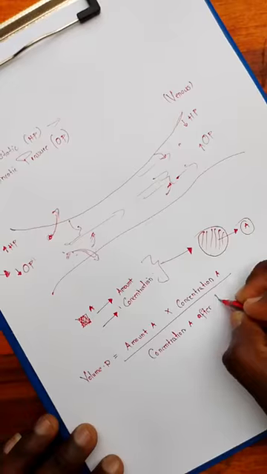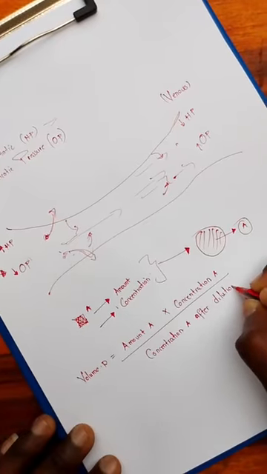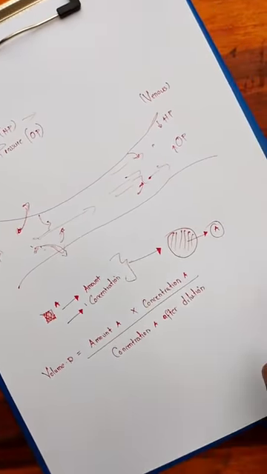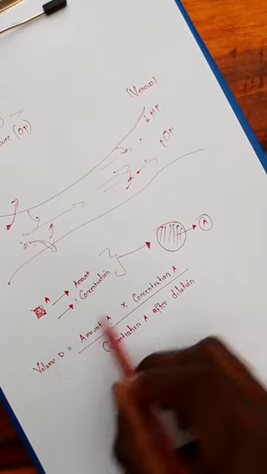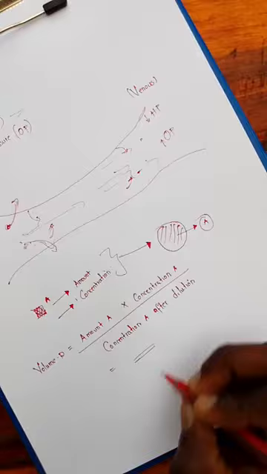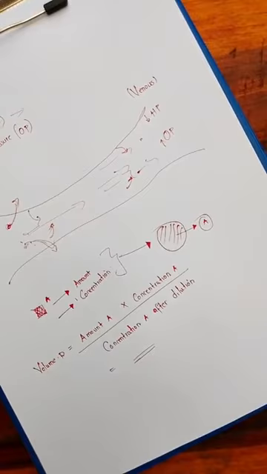Meaning after you have injected it into the compartment of interest. Then you do the math, and at last you calculate, and you know the volume of that particular compartment of interest.